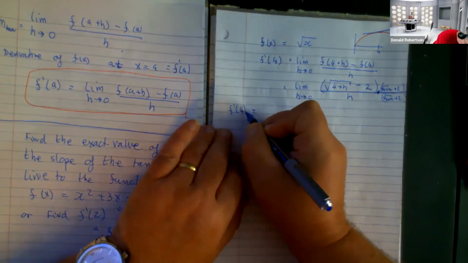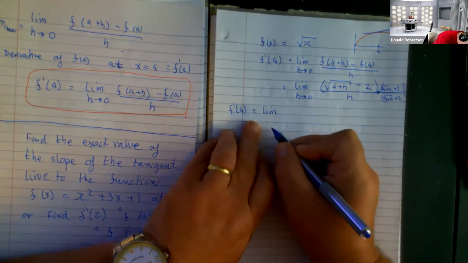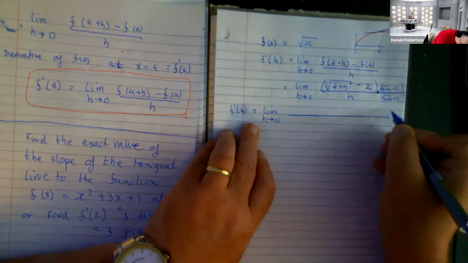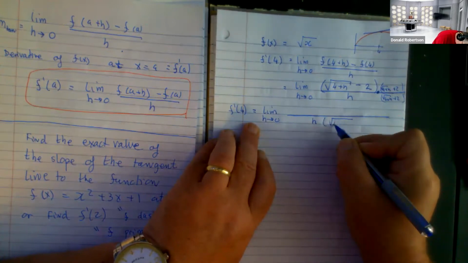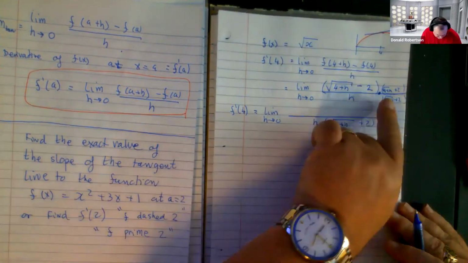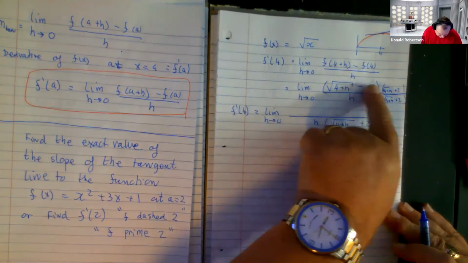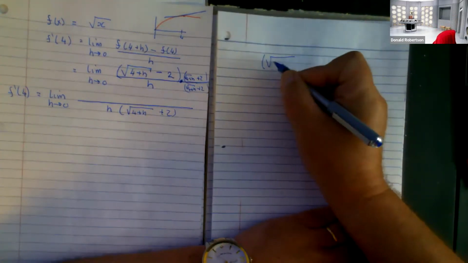So the slope of the tangent line at 4 is now going to be the limit as h tends to 0. The two guys in the bottom, don't do anything to them. Just write them down as two things multiplied. Now, if you take this guy and you multiply it by that guy, this fella times that guy, I'm going to do this one over at the side here.